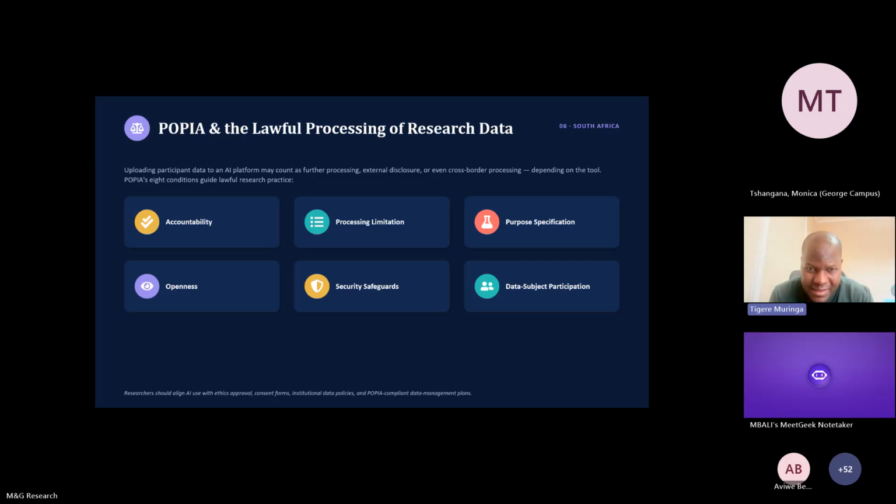POPIA is central to this workshop because it governs the processing of personal information in South Africa. Under POPIA, processing is not limited to data collection. It includes storage, analysis, transfer, retention, deletion and further use.